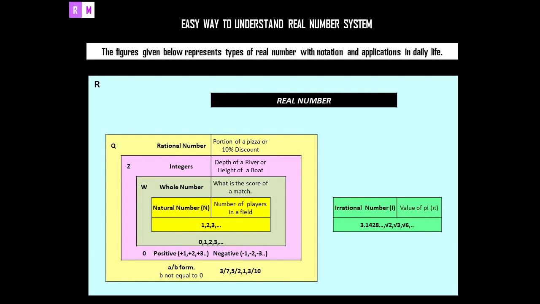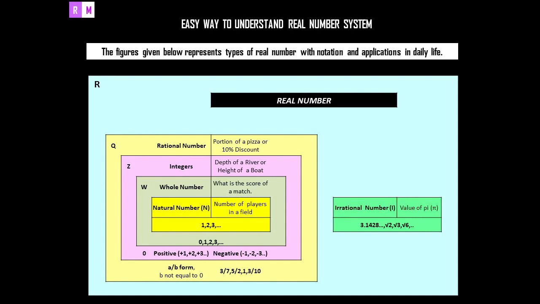Real numbers are basically of two types. One is rational numbers and the other is irrational numbers. We have already learned about rational numbers. So what is an irrational number?